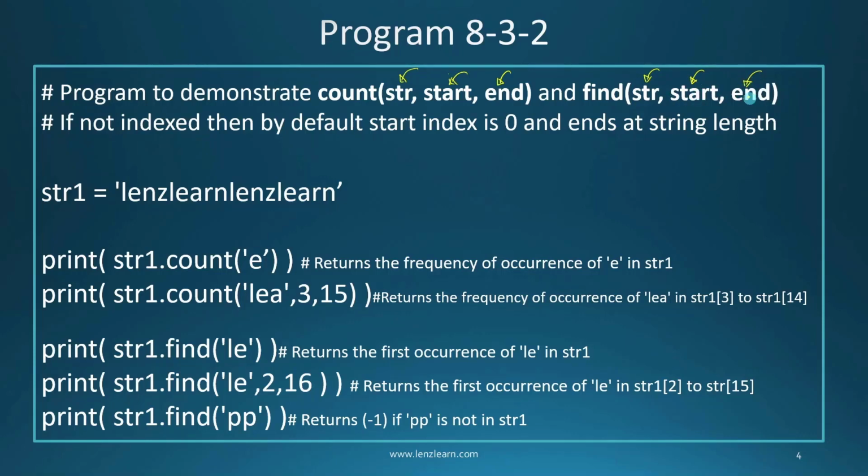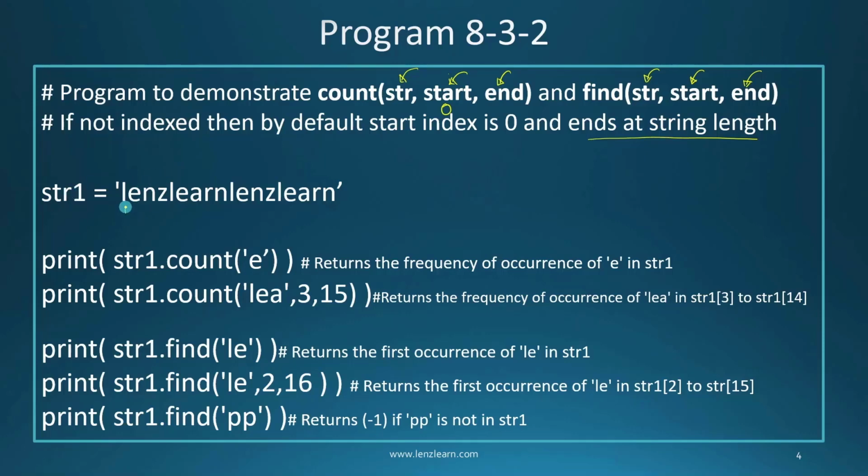If you do not give any indexes, then by default the start will be taken as 0 and the end will be taken as the end of the string. So it is not mandatory that you give the index values.